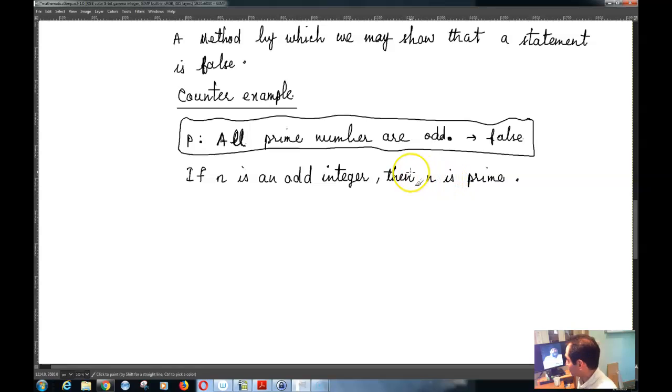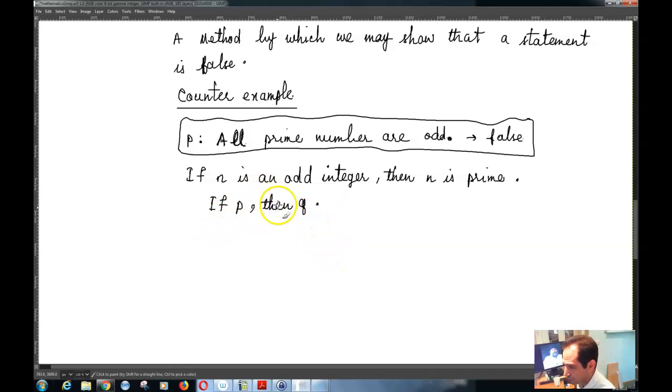Okay. So now the solution is the given statement is in the form if p then q. We have to show that this is false. For this purpose, we need to show that if p then not q.